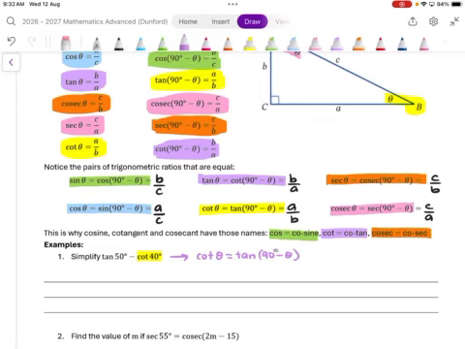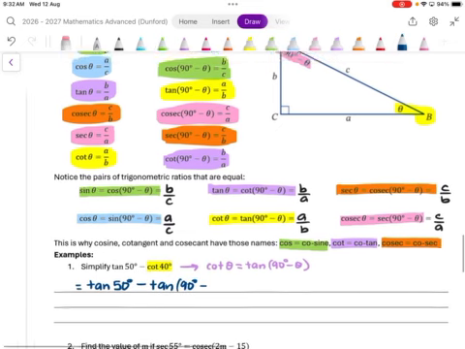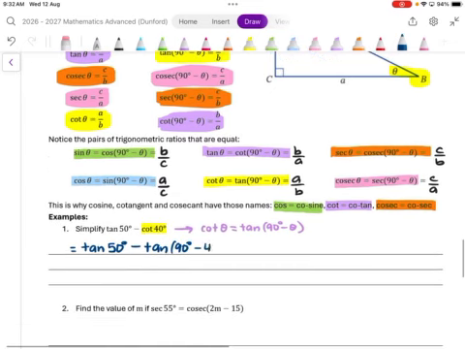When we simplify this, we'll keep our tan 50 degrees, but instead of our cot 40 degrees, we are going to write that in terms of tan. So it's going to be tan 90 degrees minus 40 degrees. We then just need to work out what 90 minus 40 is.